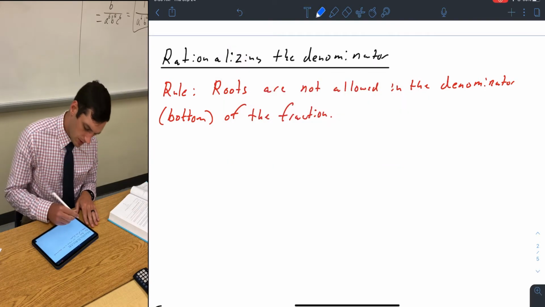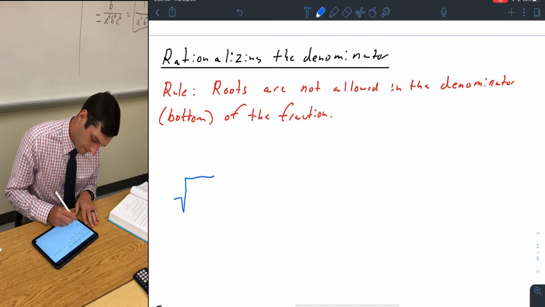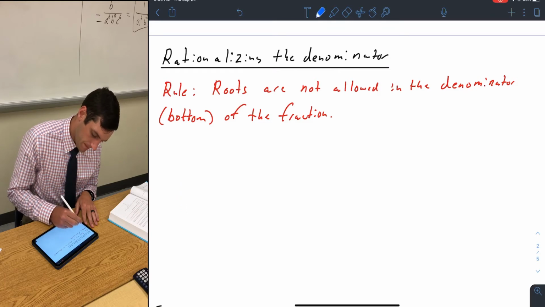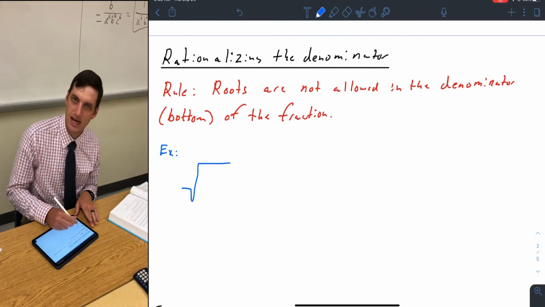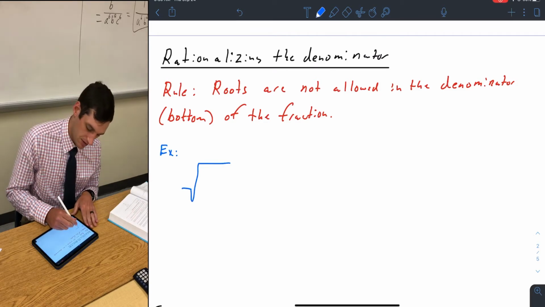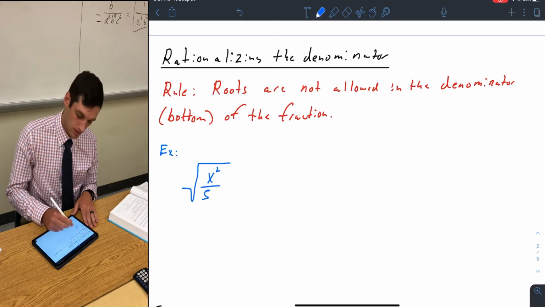So let's say we have a square root. Let me make this a little bit more formal. Say we have a square root. The top, we'll say is x squared, and in the bottom we'll say 5.